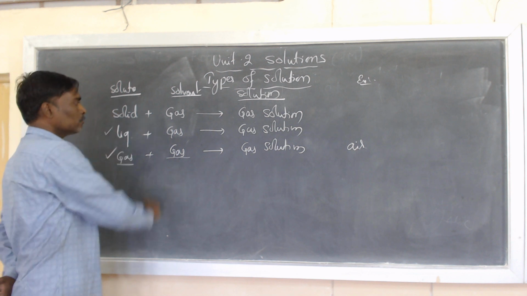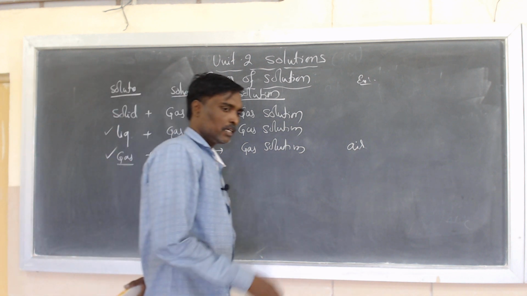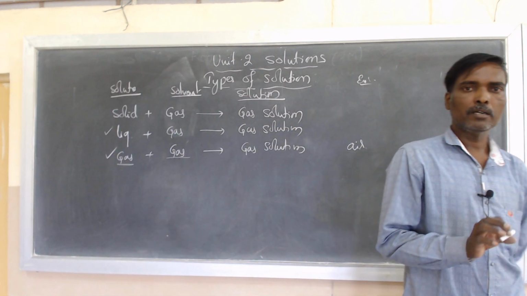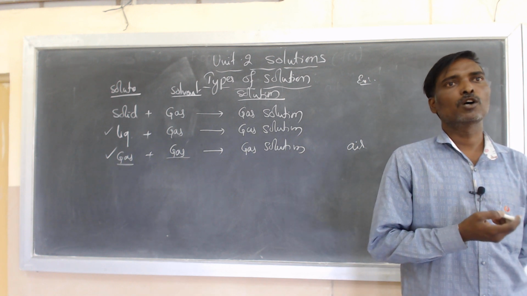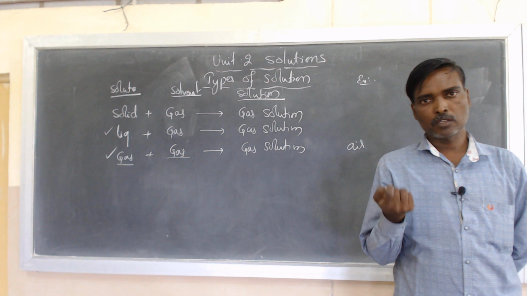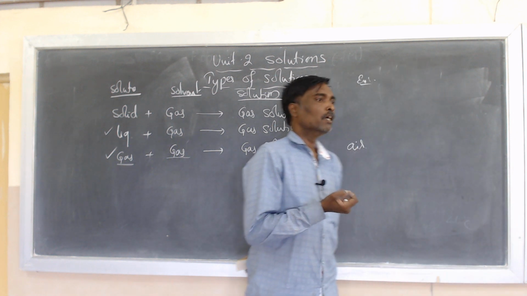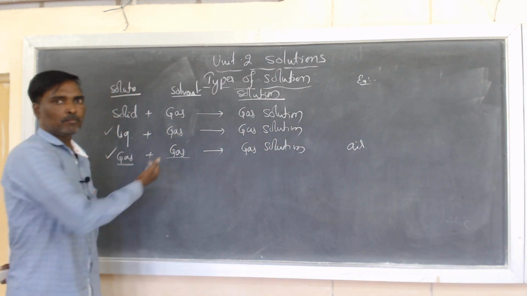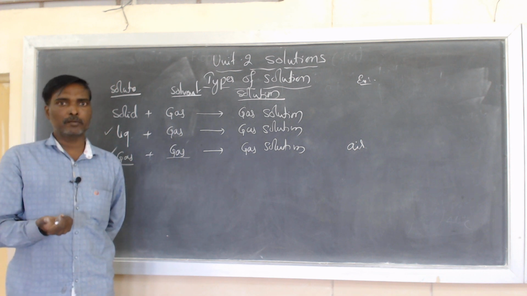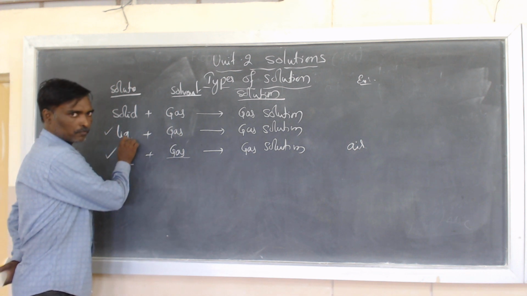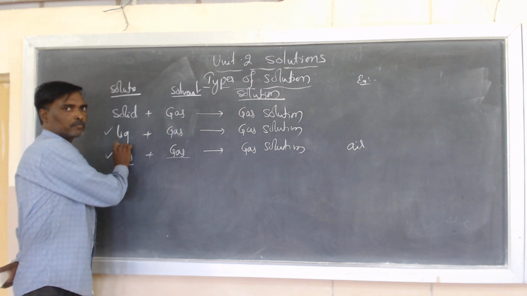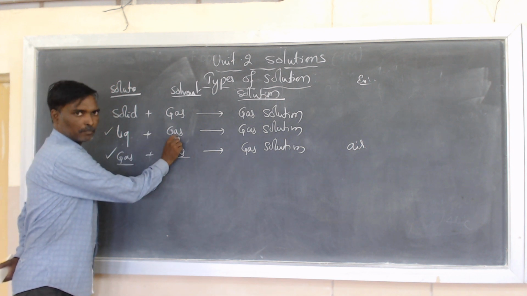Next is liquid in gas. Here the solute is a liquid, but the solvent is a gas. The best example is moist air. Some water molecules are present in the atmosphere, so they are present in air. The physical state of that water is liquid, and it is present in gas.